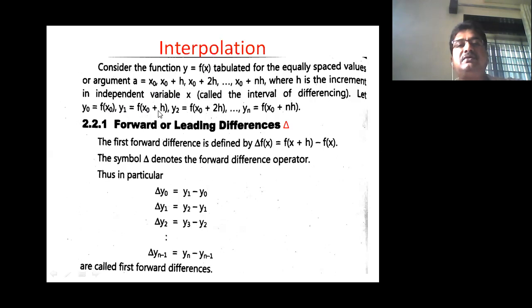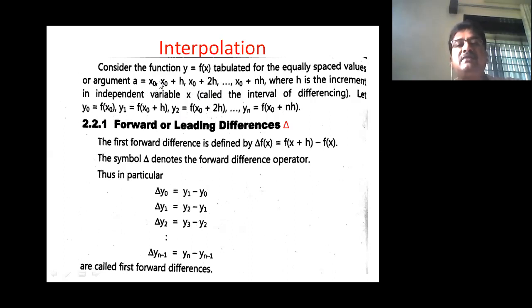So y1 is f of x naught plus h. That is the value of the function y or f(x) at x naught plus h. So y naught is f of x naught, the value of the function f at x naught. Similarly, y2 is the value at x naught plus 2h. So these are the values of y or f(x) at these points.